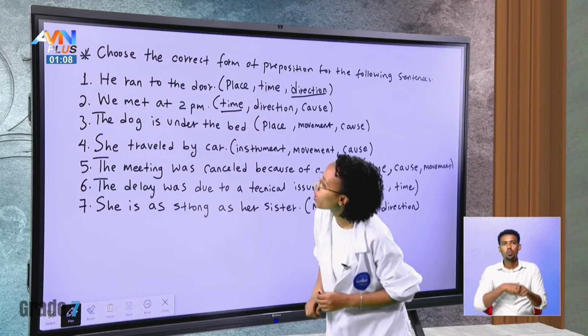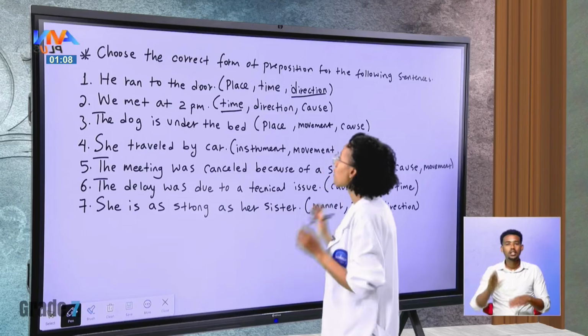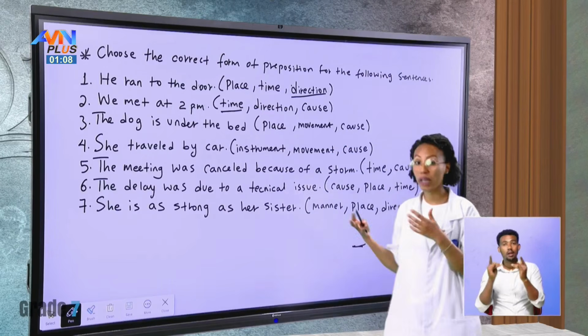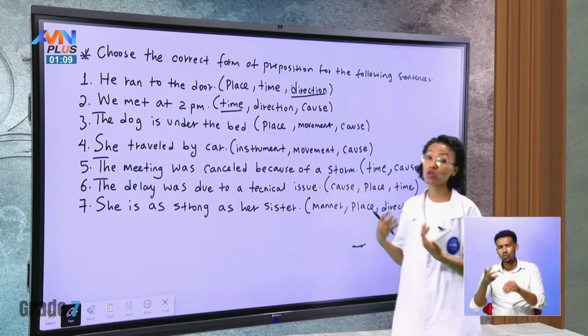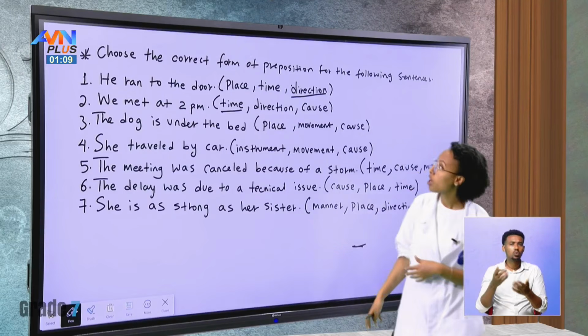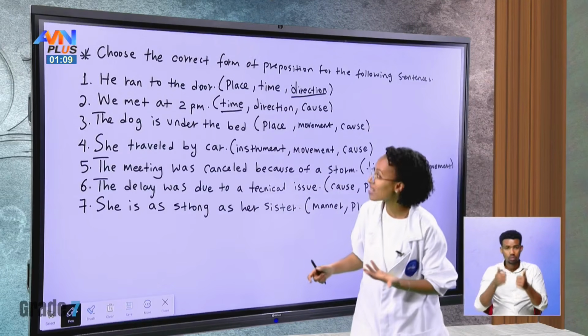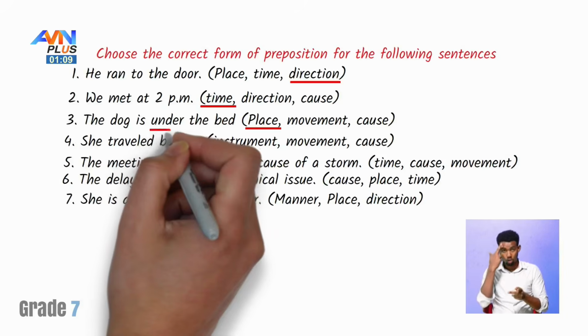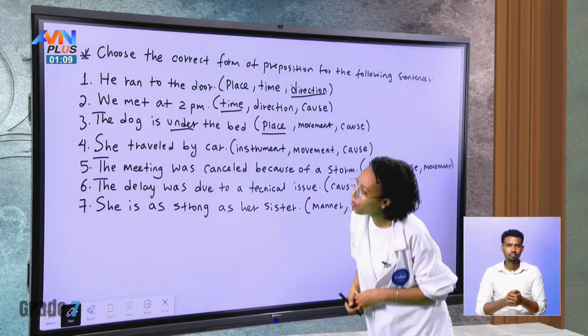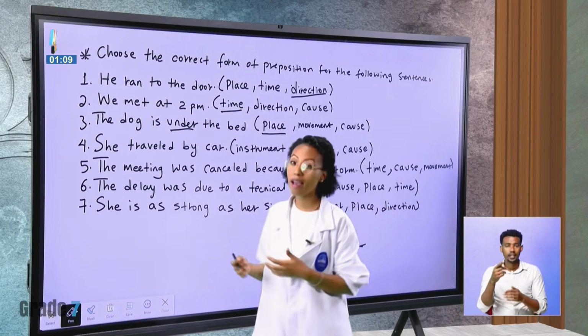Okay, number three, the dog is under the bed. So is it place? Is it showing us preposition of movement? Or is it showing us preposition of cause? In this case, it is preposition of place because it is under. Okay, number four, she traveled by car.